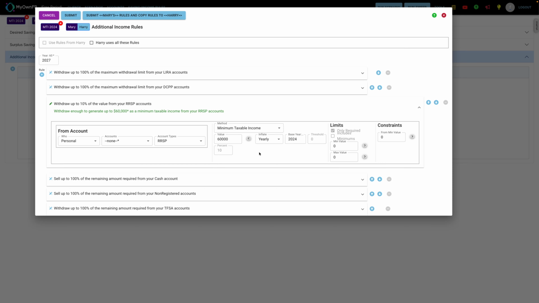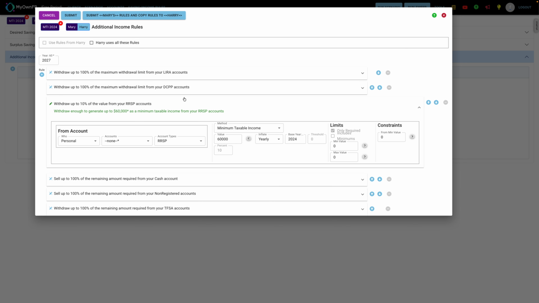If it was at $40,000 and we need $20,000, then we'll take $20,000. So as you manipulate your CPP or OAS in different years, or different income comes in, then this will automatically adjust to try to get you at least $60,000. If there's more than that, then we won't use this rule.